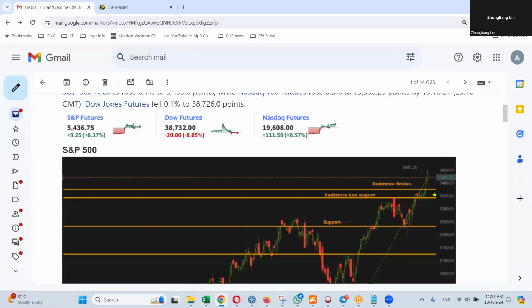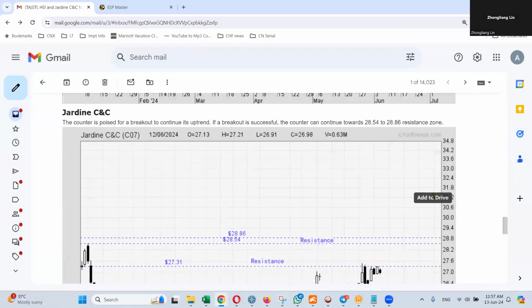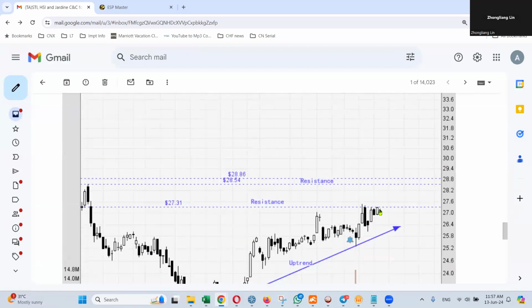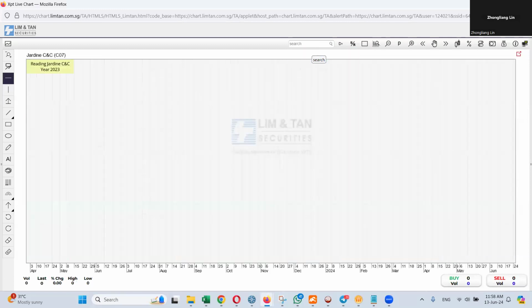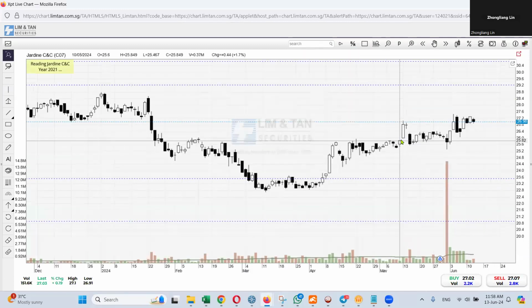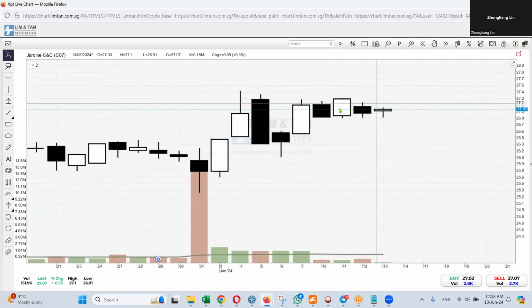Tonight, there is a PPI announcement, and today we talk about Jardine CNC, whether it can break above resistance at 27.31, then to 28.54. So how is Jardine right now? No breakout yet, but the candle looks encouraging.